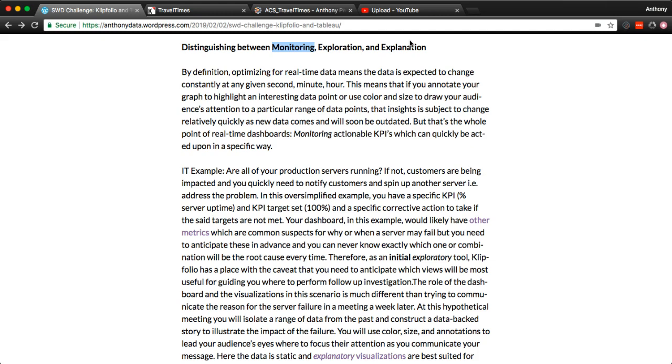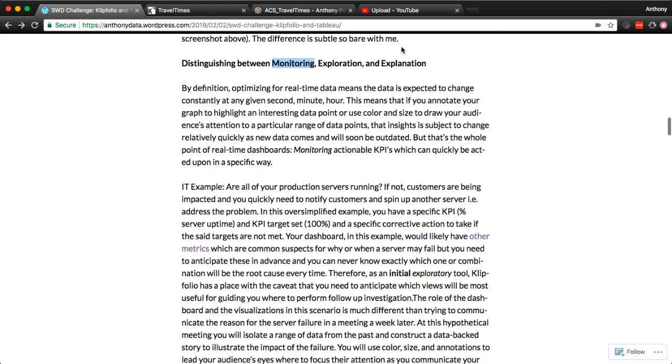And this isn't specific to the product itself necessarily. This is just, I think, a comment as to dashboards as a whole: they aren't necessarily the best tools for explaining an observation, because the goal there is communicating a message.